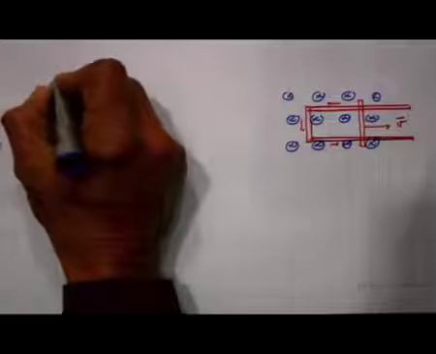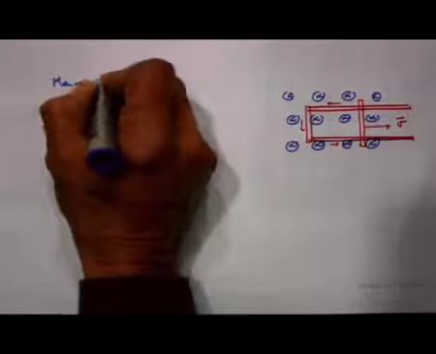You see here the magnetic field is B, and we assume a uniform magnetic field.